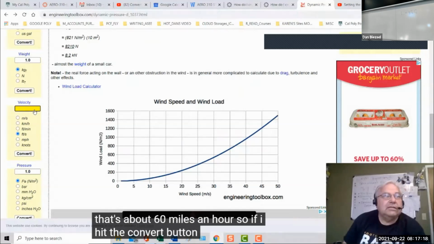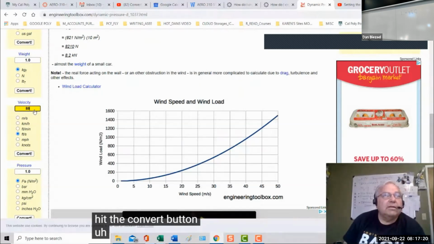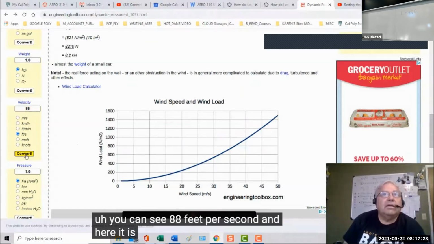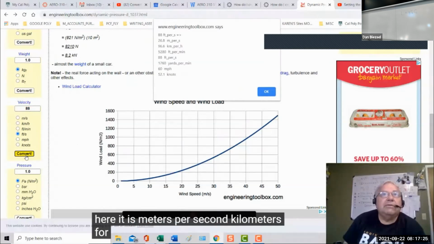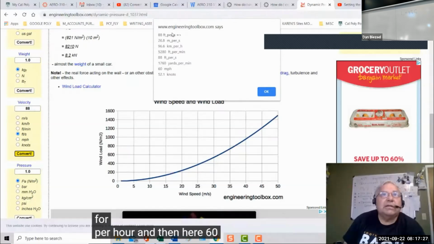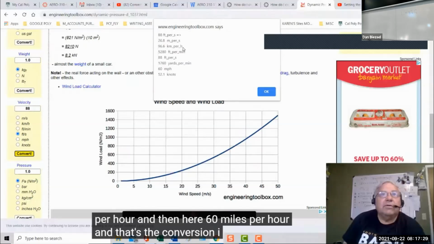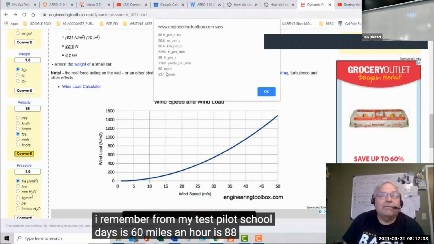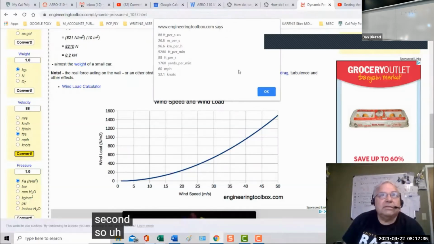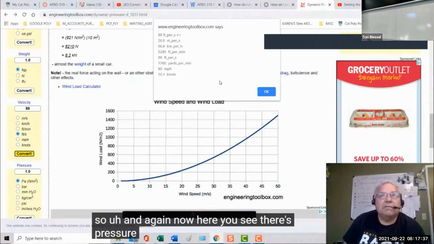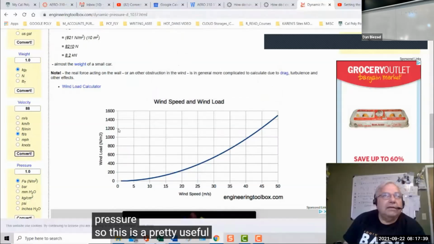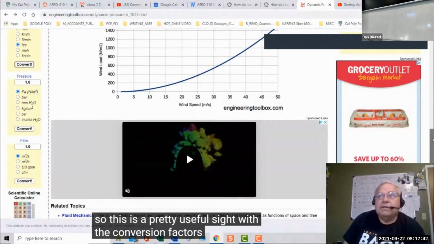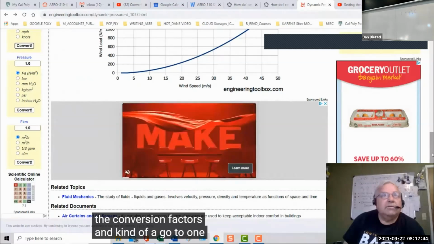So if I hit the convert button, you can see 88 feet per second, and here it is in meters per second, kilometers per hour, and then here 60 miles per hour, and that's the conversion I remember from my test pilot school days. 60 miles an hour is 88 feet per second. And again, now here you see there's pressure, and so this is a pretty useful site with the conversion factors and kind of a go-to one place.